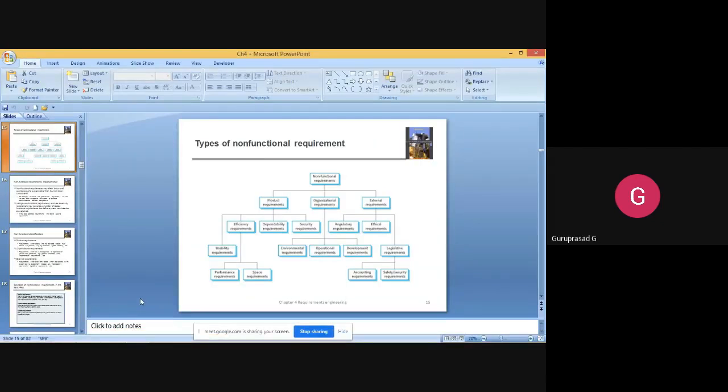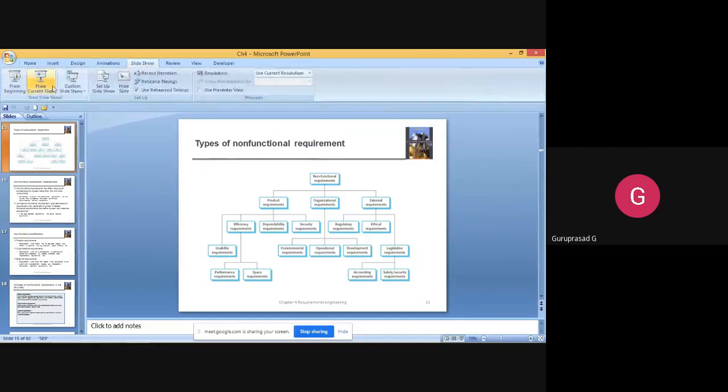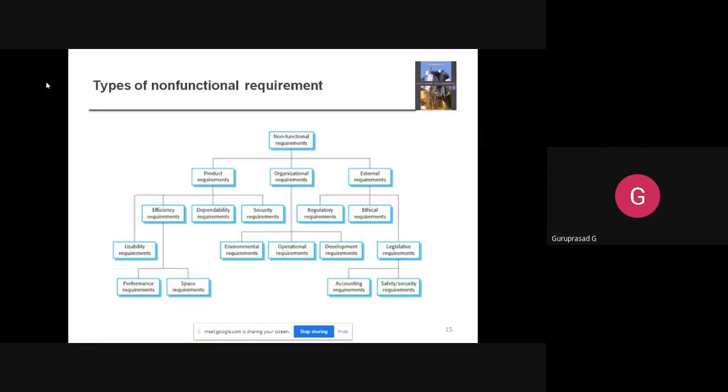So please remember this, very important. Let me go to the current slide. So functional requirements, and now the non-functional requirements. Three major categories: product requirements, organizational requirements, external requirements.